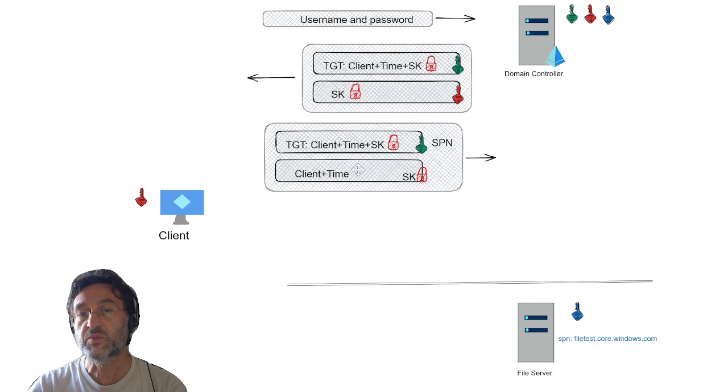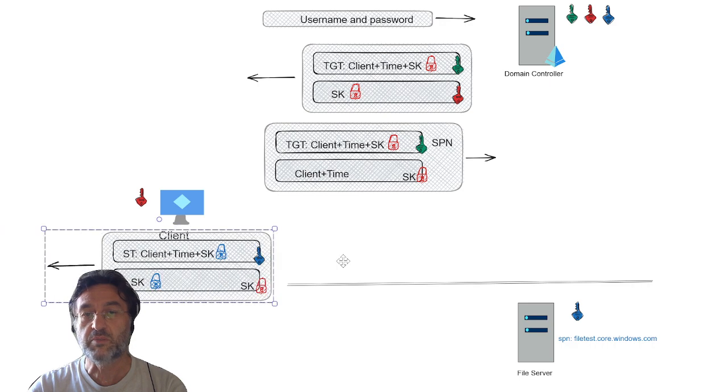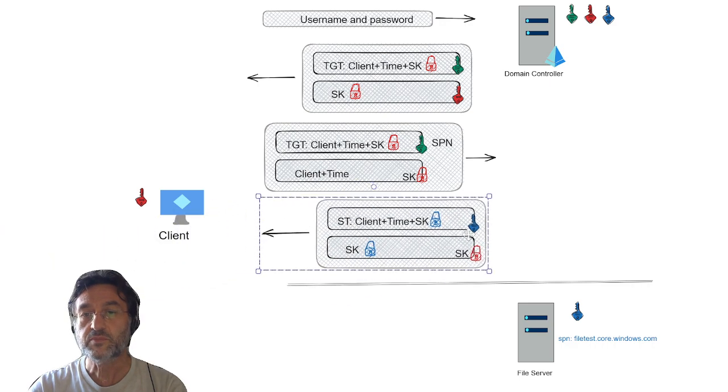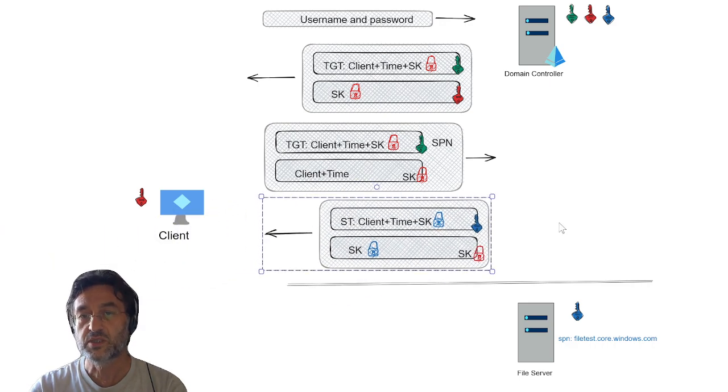If the information matches, it means the client sending this service ticket request is the client already authenticated in the previous step. After that, the domain controller can reply to the client with two more messages.